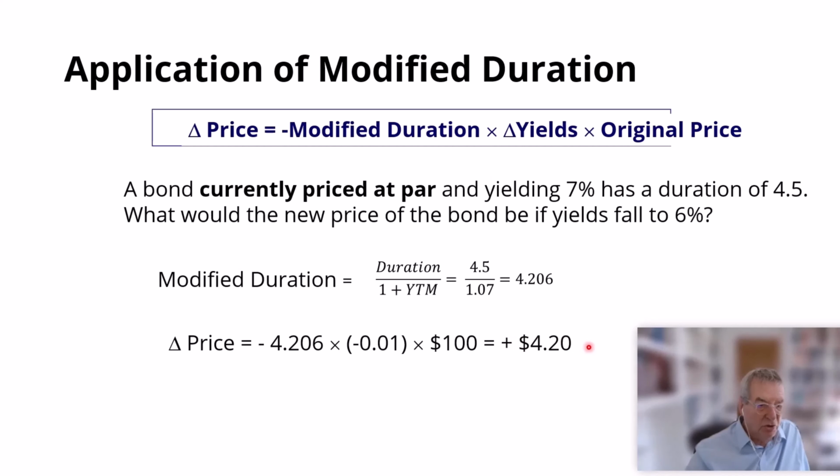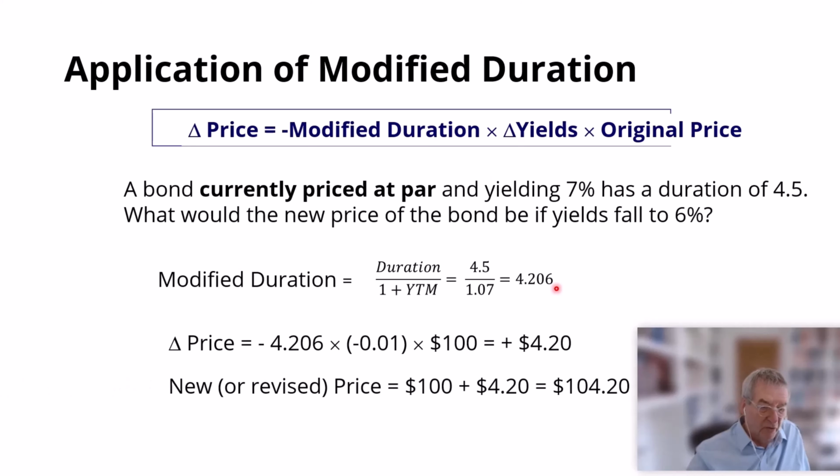Now, one thing that should be immediately obvious is that the change in the dollar value of $4.20, or in fact 4.2% really, is exactly in line with the modified duration metric, which is in fact 4.2. So obviously the new price of the bond is the old price, 100, plus the 4.20, 104.20.